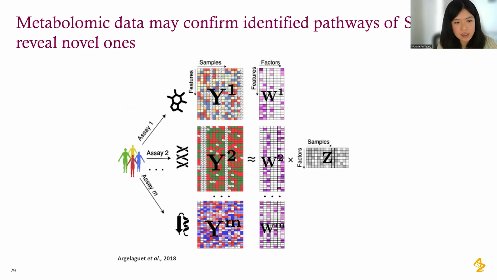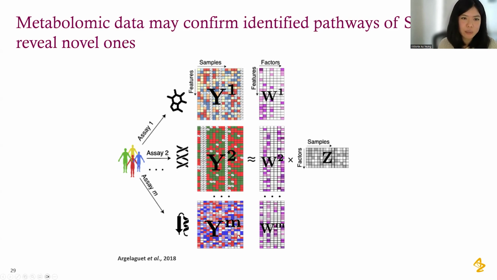For the metabolomic integration with transcriptomics, we used a method called multi-omic factor analysis. And this is a figure taken from the paper of that method. So essentially what it does is it's like a principal component analysis performed on multiple different assays. In this case, we have 3 data sets, one for the intracellular metabolome, one for the extracellular metabolome, and one for the transcriptome.